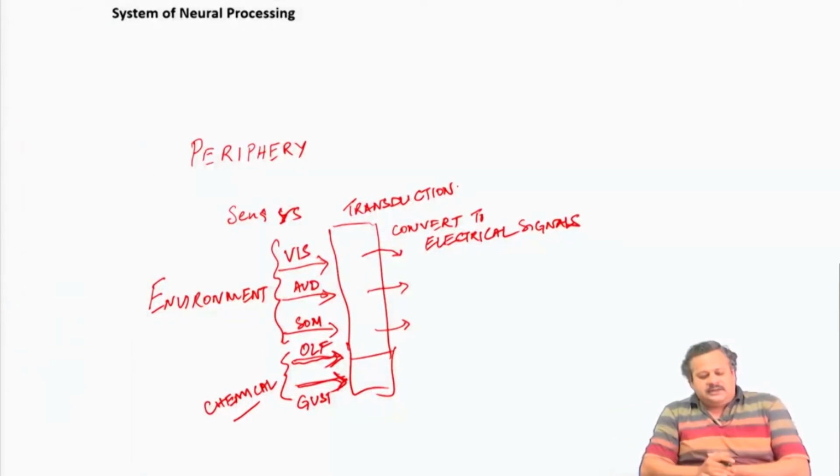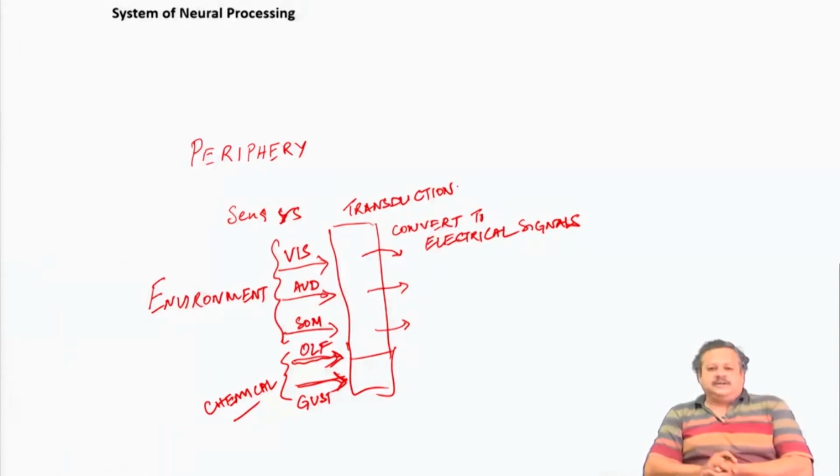Similarly, the gustatory system also is a chemical sense, where the tastants, just like the odorants, are molecules, and they are individually converted into electrical signals to be conveyed into the central nervous system.